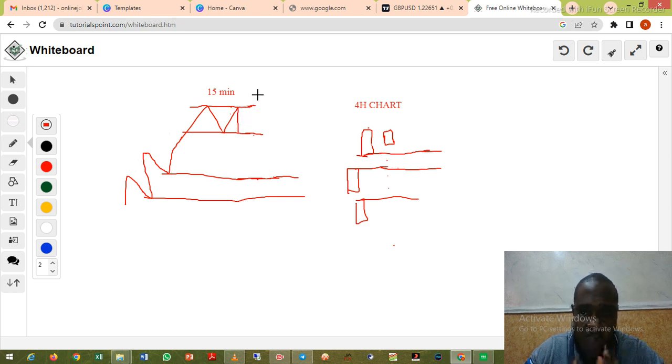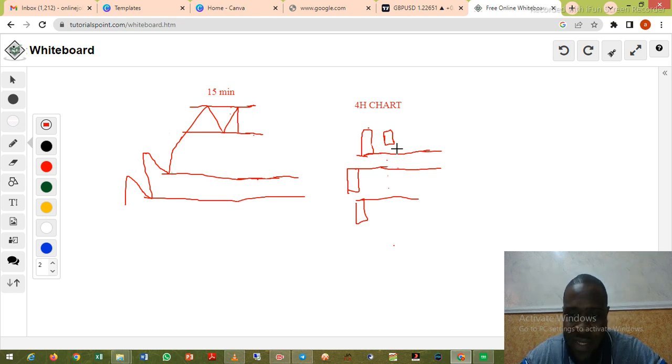Okay, I actually know that this is now a resistance here because a high was formed here, a higher low was formed, a high was formed and rejected. This here now becomes what? A resistance, and this 4 hour candle is still on. Okay, it's still on. So if I am trading now, with this 4 hour candle, what I'm looking at is how long is it going to last?